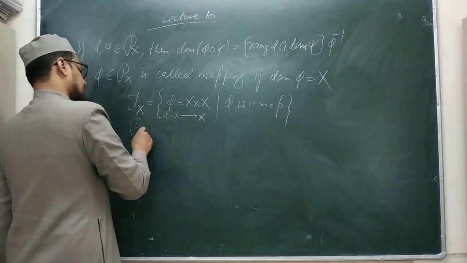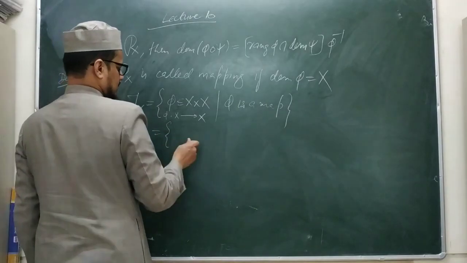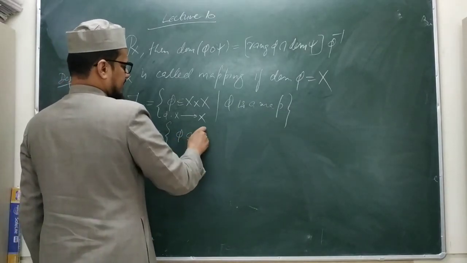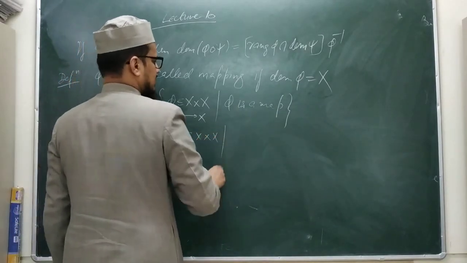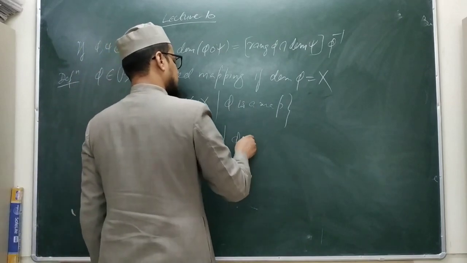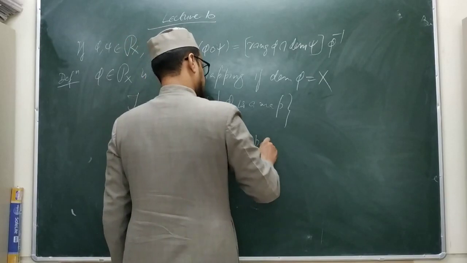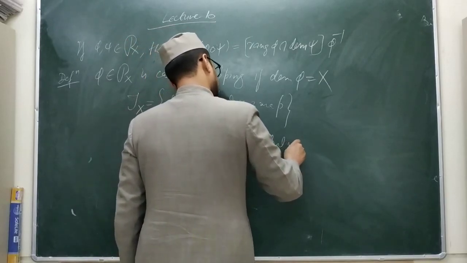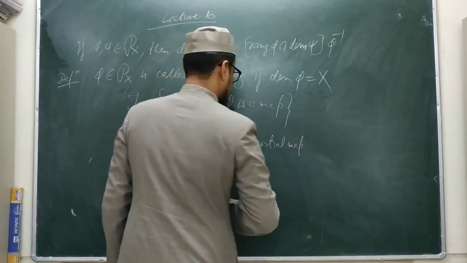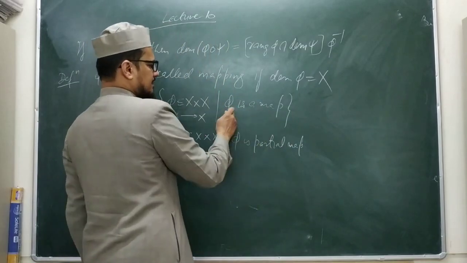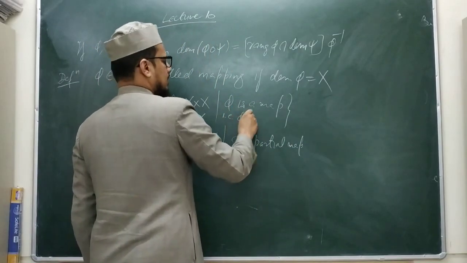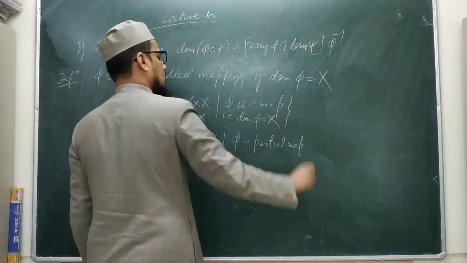After that, Px, that is phi a subset of x cross x such that phi is a partial map. Here phi is a map, that is domain of phi is whole x.